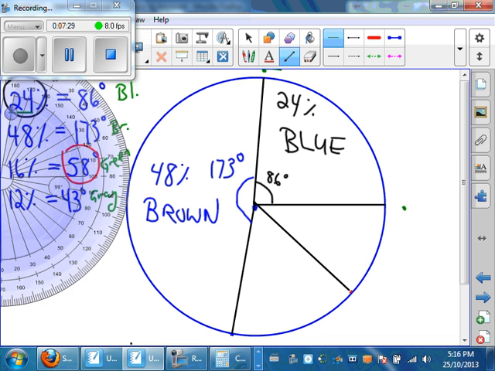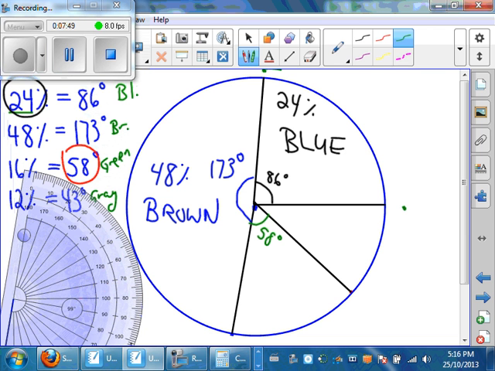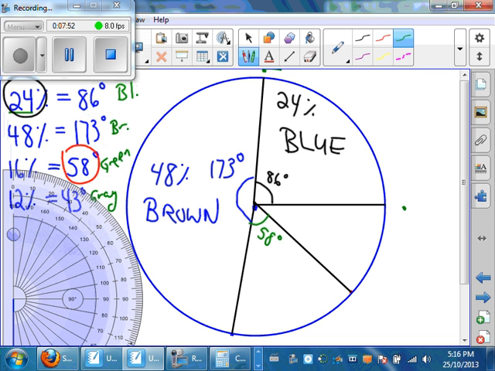Connect it, and now what we can say is that this line right here is a 58-degree angle, and that represents a total of, let me see if I can move this out of the way so you can see it, 16 degrees, or 16% of the circle. And that means that 16% of the students actually have green eyes.